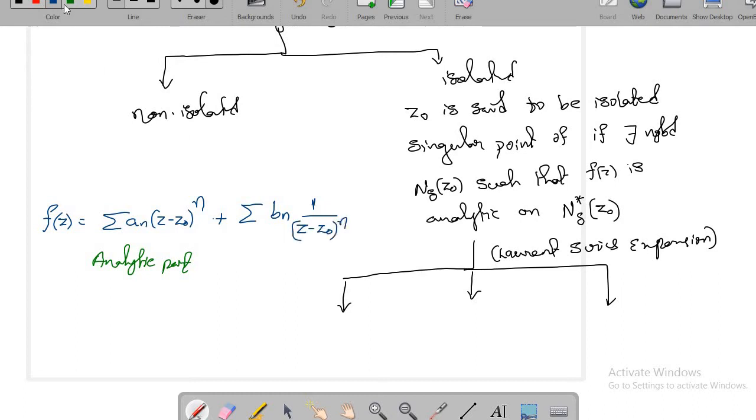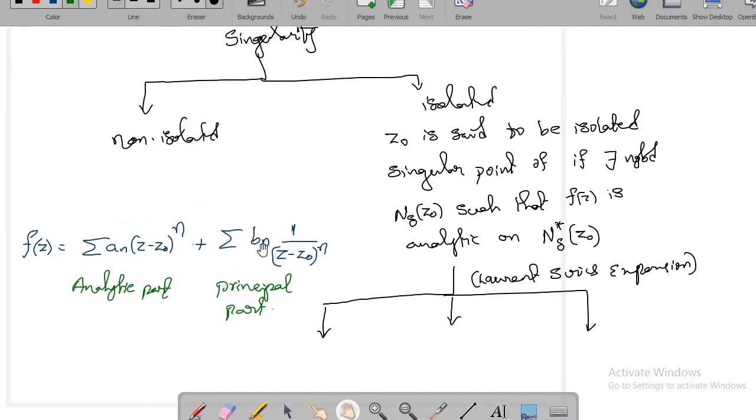Okay, and this part has a name, we will call it the principal part. So based on the principal part, we are going to classify this isolated singularity.